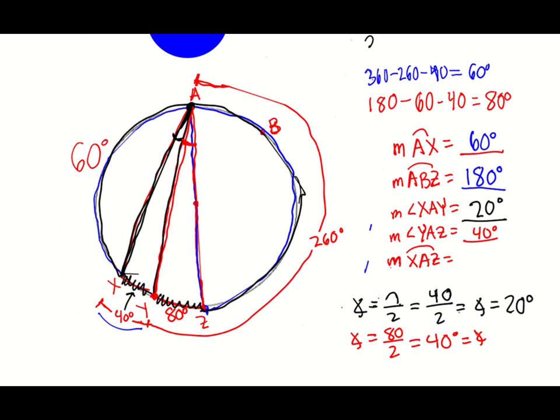So if we know we start with 360 degrees, and we take away 80, and we take away 40, we are left with 240 degrees is our XAZ.